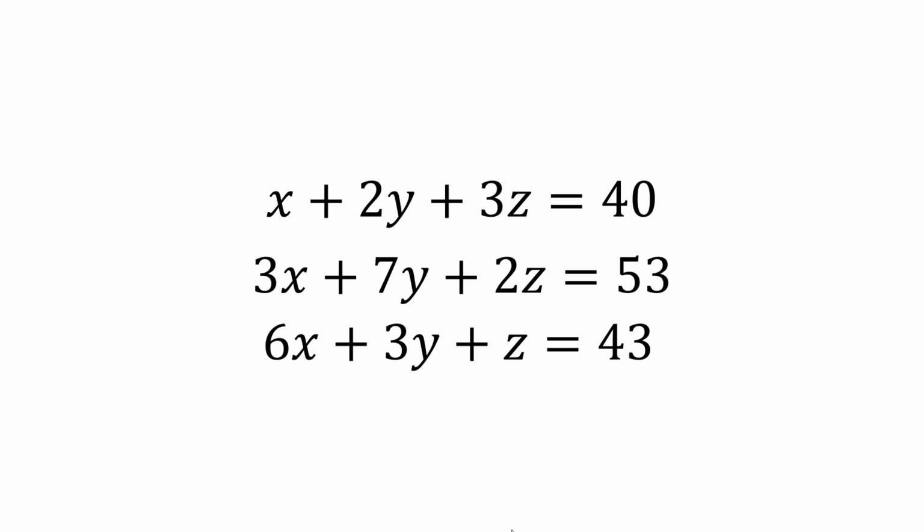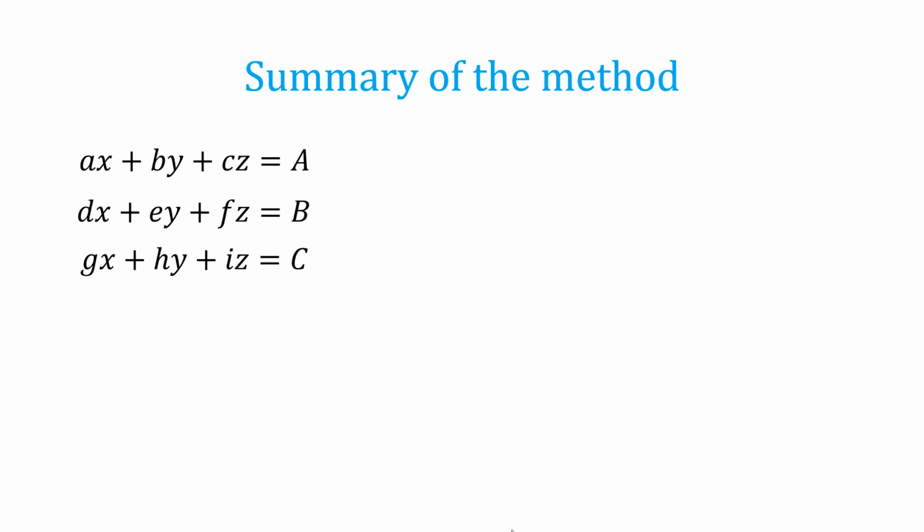So before we solve them, let's go through a quick summary of the actual method. If we just use three generic equations, using the notation a, b, c up to i, and capital A, B and C for the constants, the first step would be to form an augmented matrix.